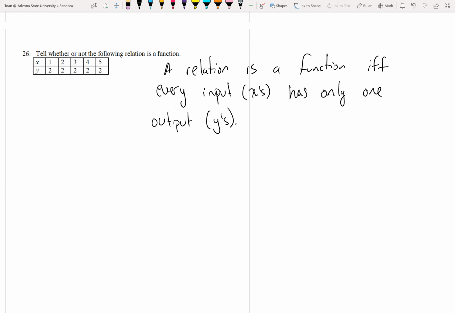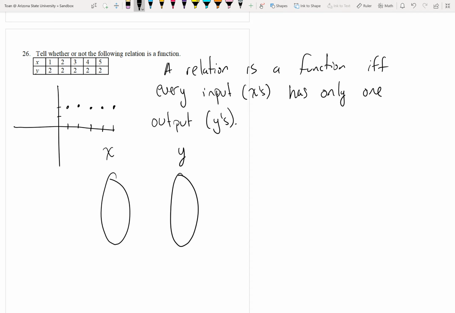The answer is yes. If you couldn't see that, you could have also graphed it, made a scatter plot. Now here's 1, 2, 2, 2, 3, 2, 4, 2, 5, 2, and you can see that it passes the vertical line test. Or you could have made a mapping diagram. Here are the x's, here are the y's. My x's are 1, 2, 3, 4, 5, and my y's is just a 2.